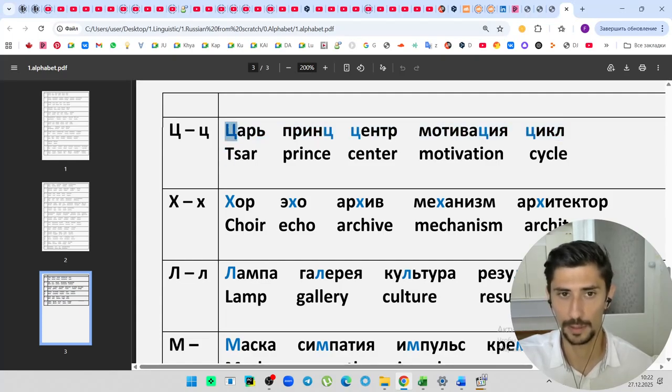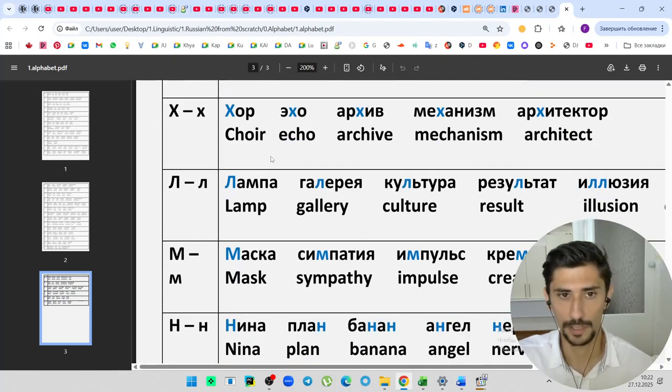C, царь, принц, центр, мотивация, цикл. Next letter is Х. Хор, эхо, архив, механизм, архитектор.